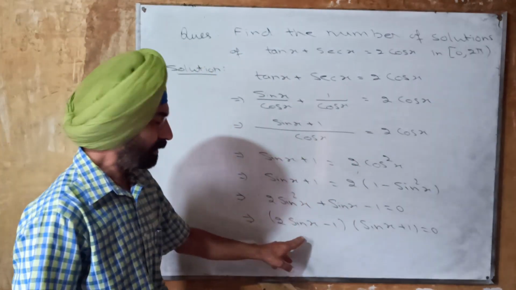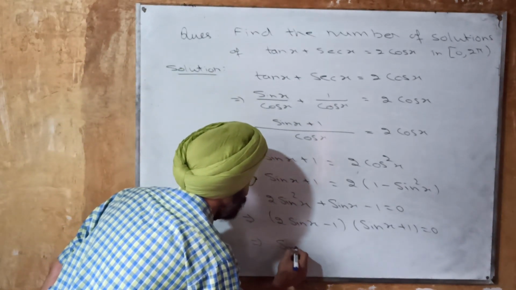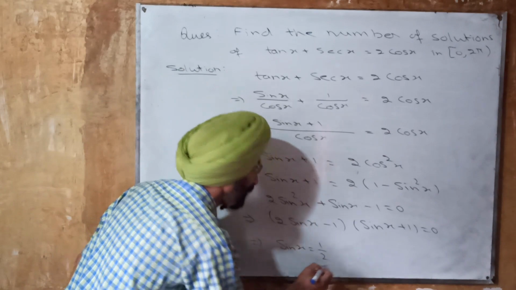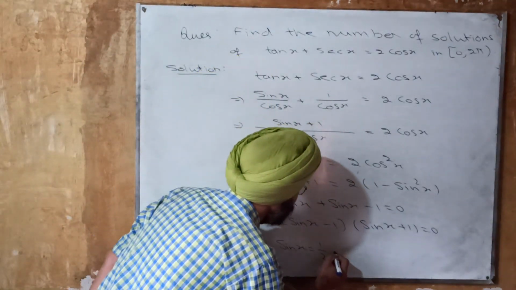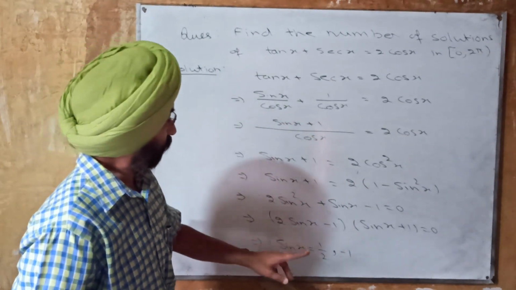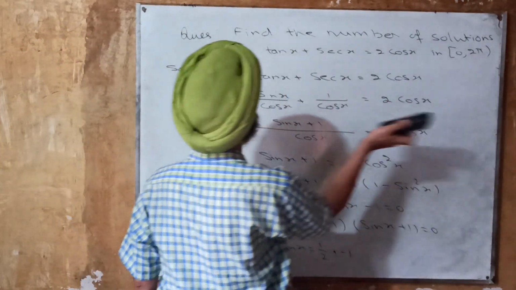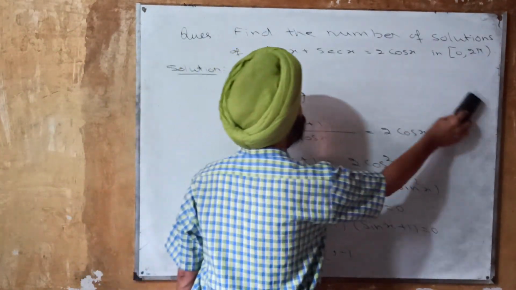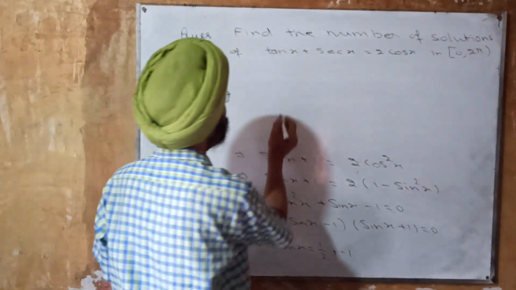If the first bracket is 0, you will get sin x is equal to 1 by 2. If the second bracket is 0, you will get sin x is equal to minus 1. Now we have to find the solution of this equation in 0 to 2 pi. So very simple, you just draw the graph of sin x.